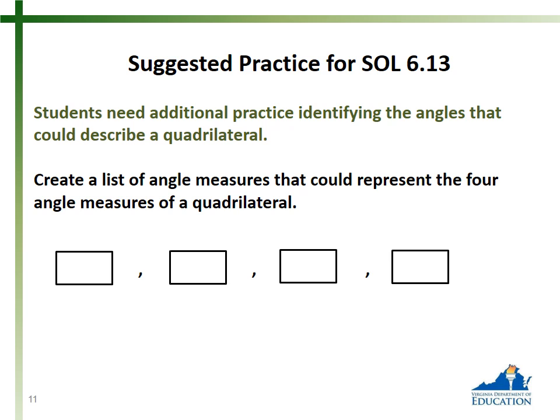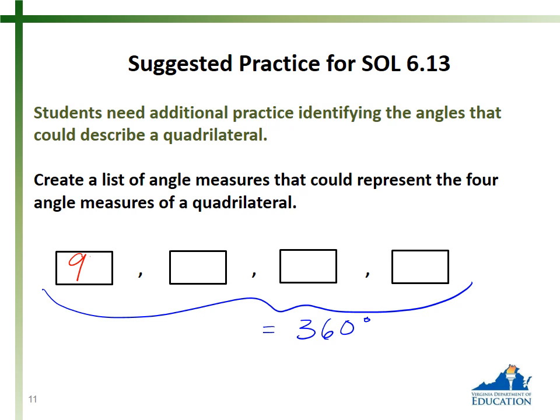So for this question, it says create a list of angle measures that could represent 4 angle measures of a quadrilateral. And so all four of these need to equal 360 degrees. And so when you're doing this, you could easily write 90 degrees, 90 degrees, 90 degrees, and 90 degrees.